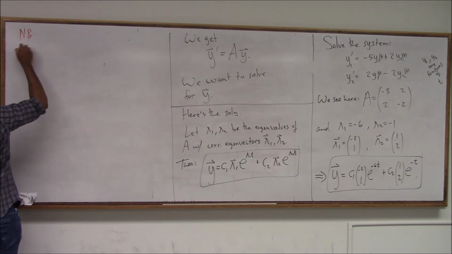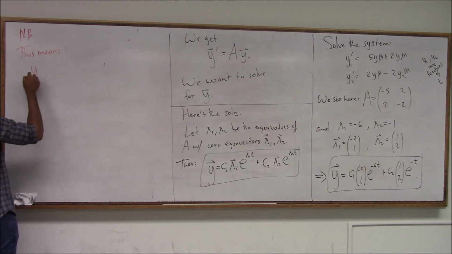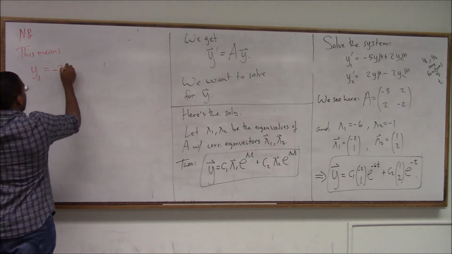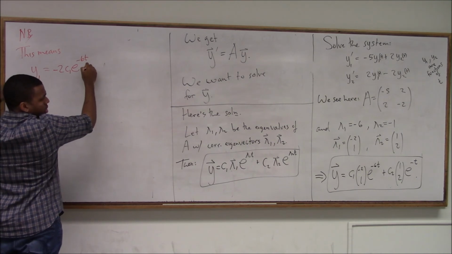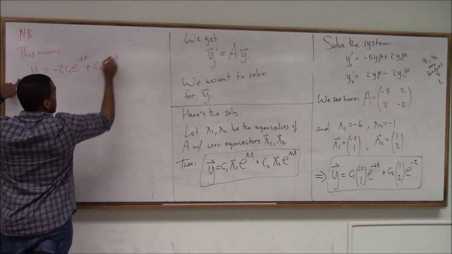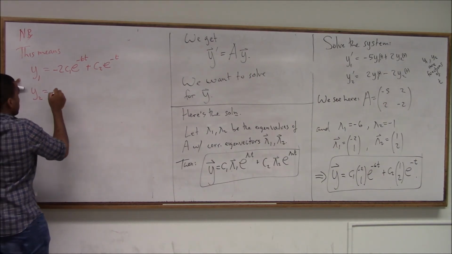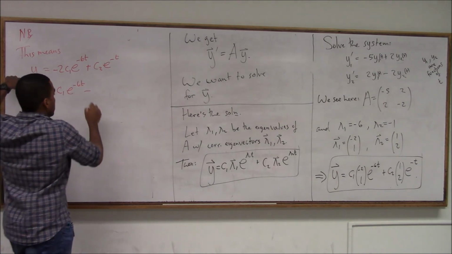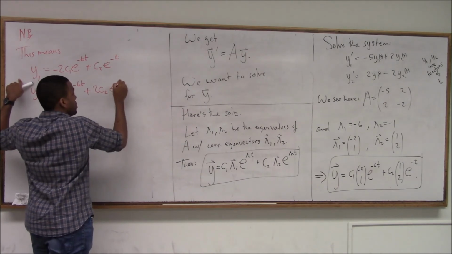This means that the function y1 is actually minus 2c1 e to the minus 6t plus c2 e to the minus t. And the function y2 is going to be c1 e to the minus 6t plus 2c2 e to the minus t.